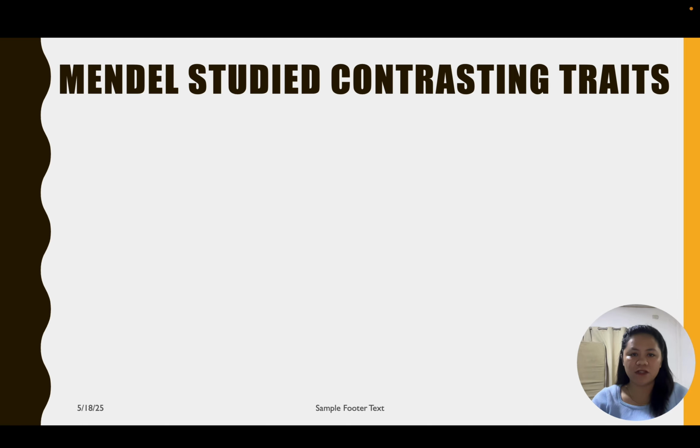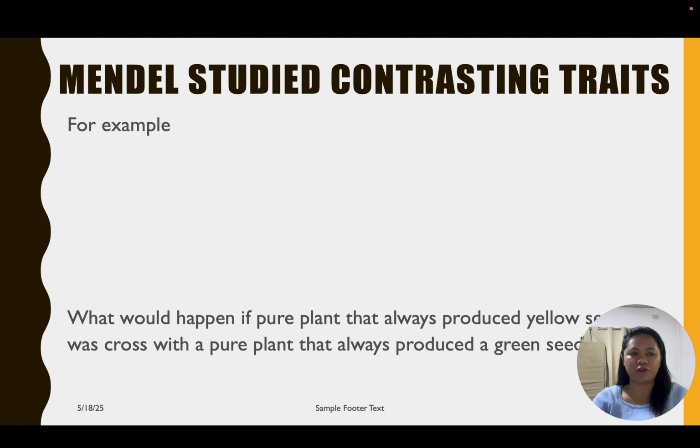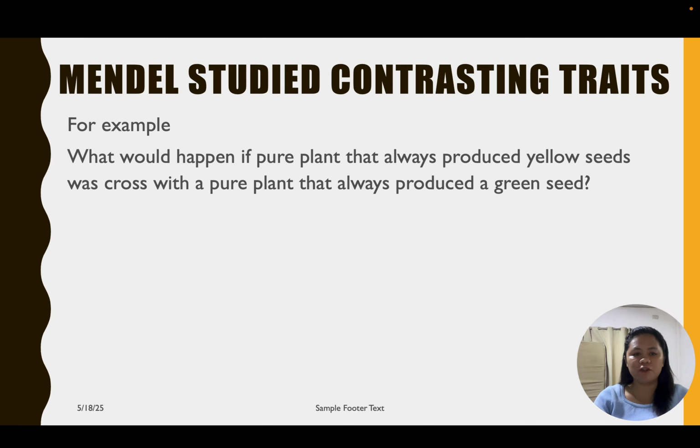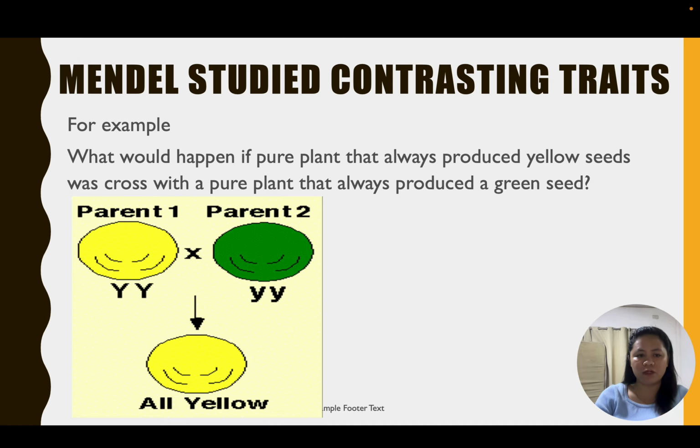So Mendel studied contrasting traits. So for example, what would happen if your pure plant that always produced yellow seed was crossed with a pure plant that always produced a green seed? So here, we have our representation. We'll use the letter Y. So the parent one representing the species that produce yellow seeds, and parent 2 naman, of course, produces green seed.